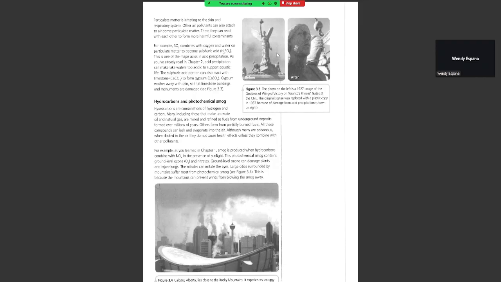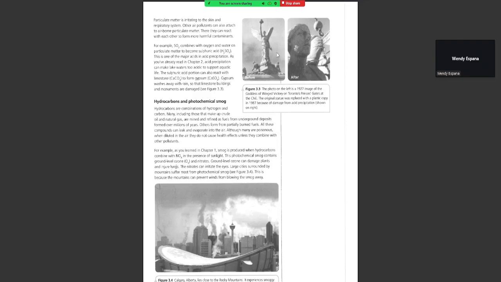The other one mentioned there on page 63 is a picture of Calgary showing some smog. Remember we talked about how smog is formed from hydrocarbons combining with nitrous oxides, creating ground level ozone?